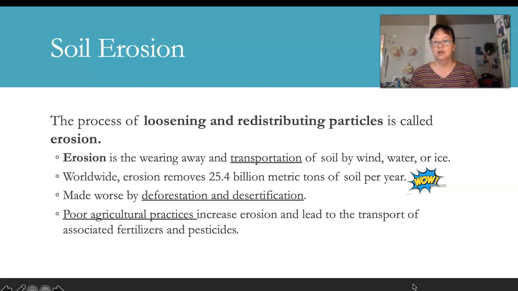That is a lot, and that is a tremendous power of redistributing the soils we have. And it is made worse by deforestation and desertification. Poor agriculture practices also increase erosion.